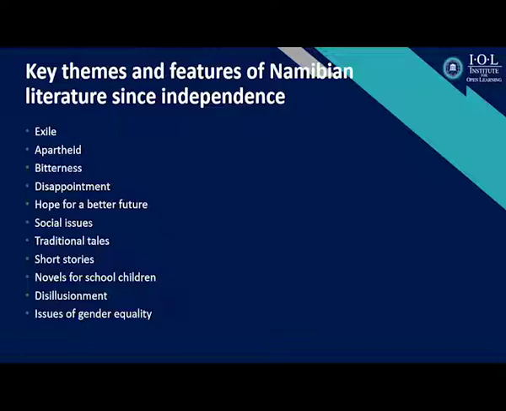These themes are either exile, apartheid, bitterness, disappointment, hope for a better future after independence, social issues that the country faced after independence, such as drug abuse, unemployment, and so on. We also have traditional tales, short stories, novels for school children, disillusionment.